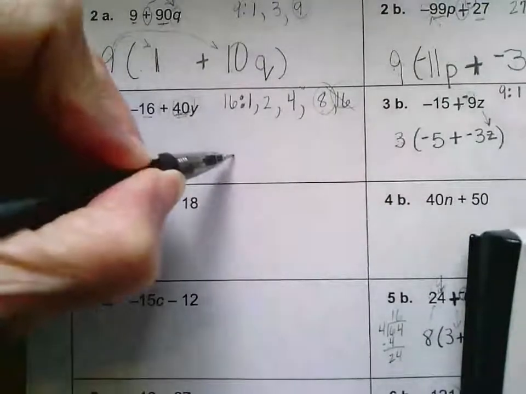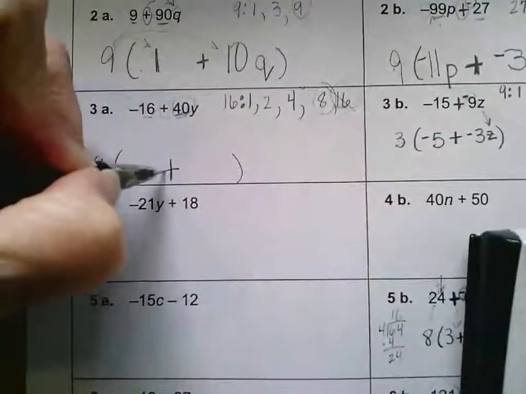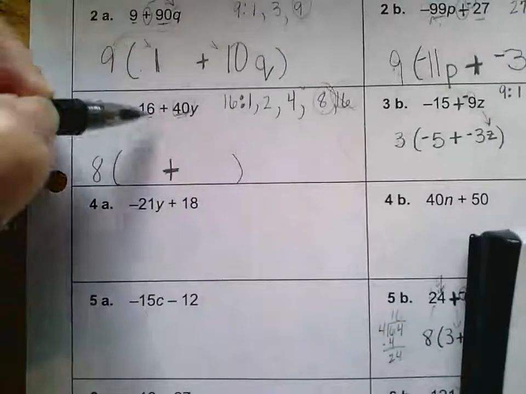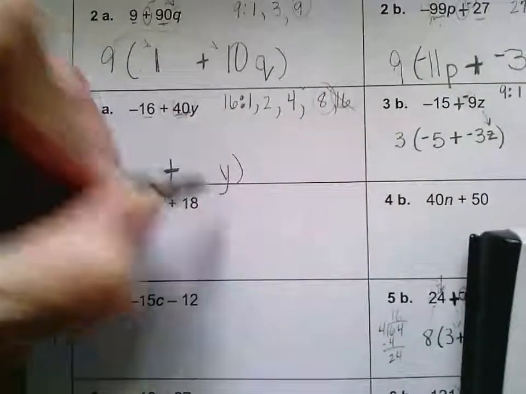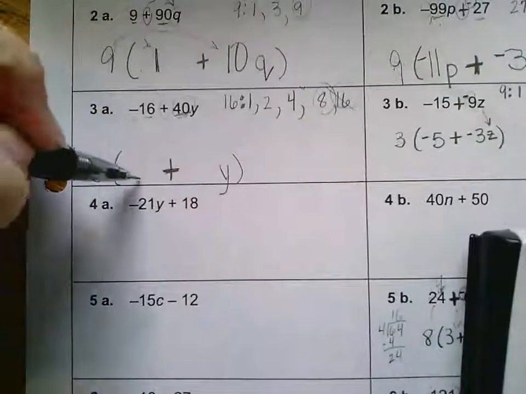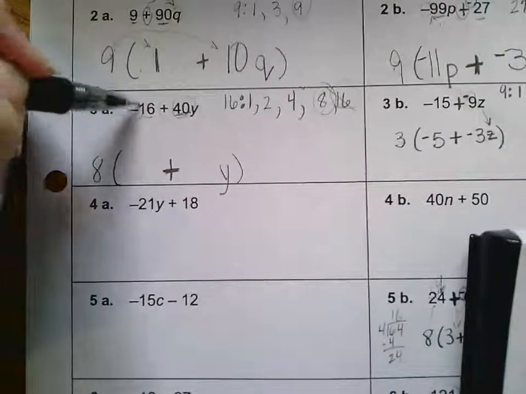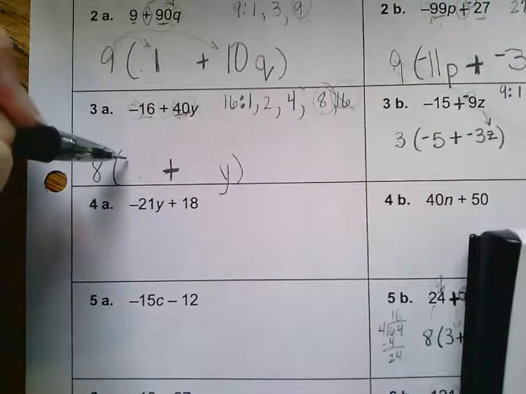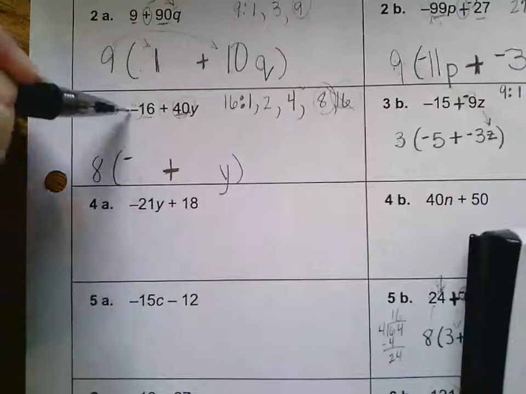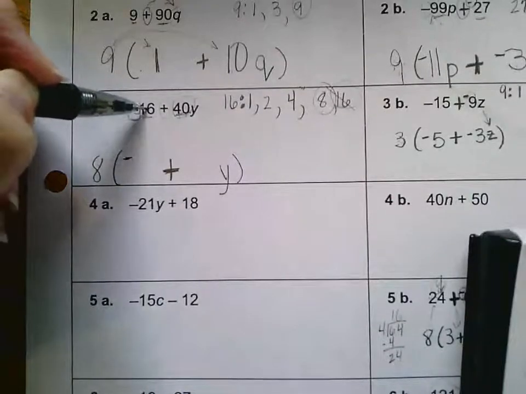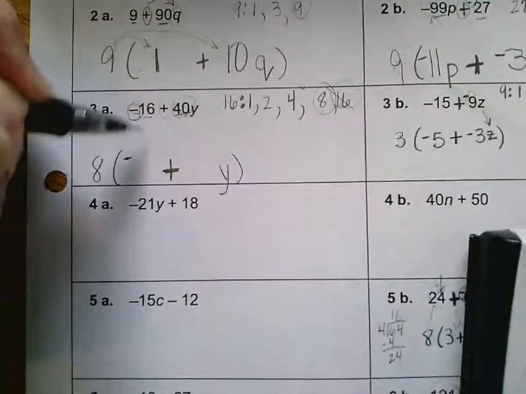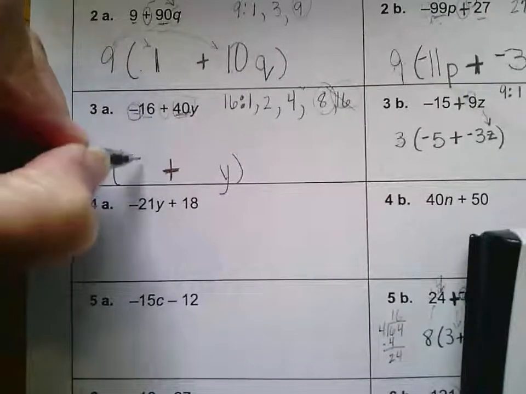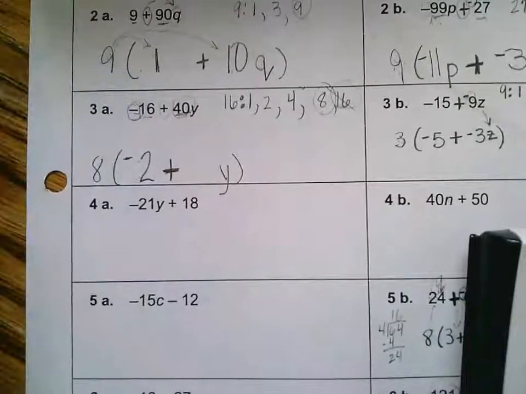You'll notice here I have a plus sign. I have a variable. I'm going to bring it down. 8 times what gives me negative 16? Well, a positive times a negative is going to give me a negative answer. So 8 times what gives me negative 16? That would be negative 2.